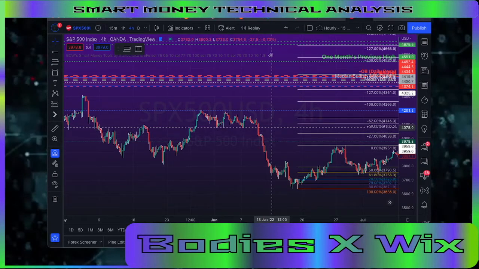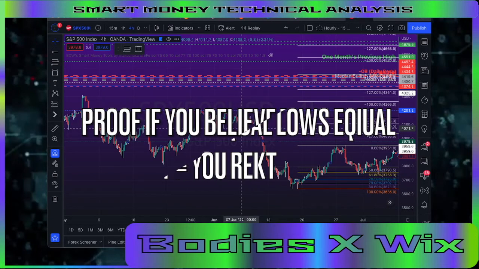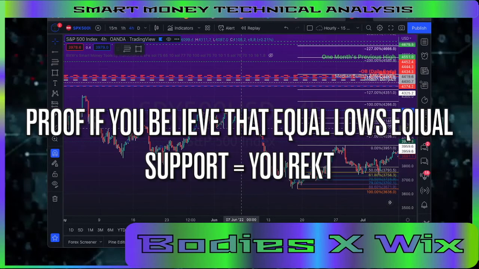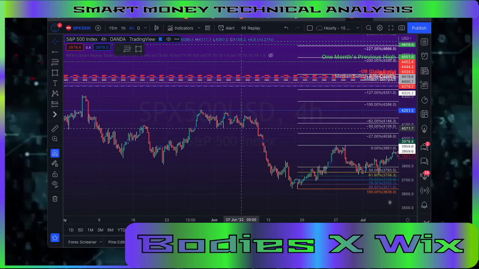Which is odd because look at these equal lows, and then boom, it just drops below it. That just shows you that anybody who thinks that equal lows is a definite support are not thinking things through correctly, because smart money will definitely push down through that and take those people out.